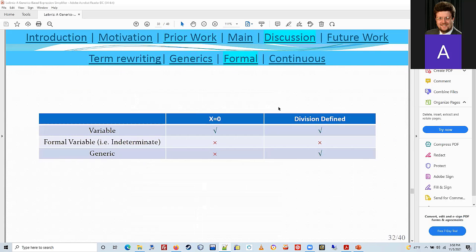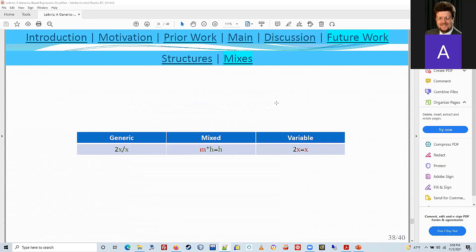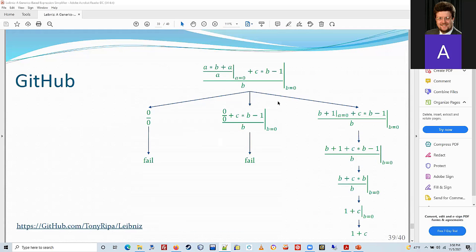I think you get a branch every time you do an evaluation. I don't think it's exponential, but right off the top of my head, I can't guarantee it.